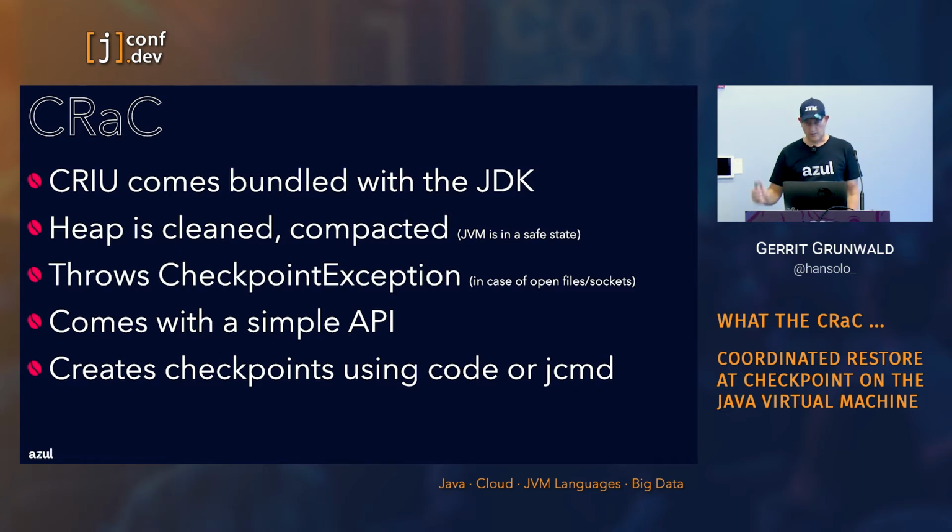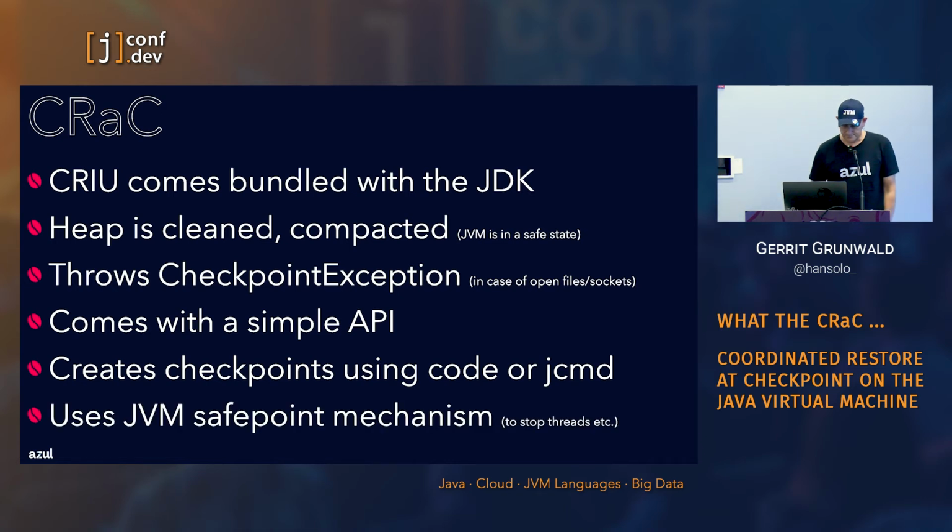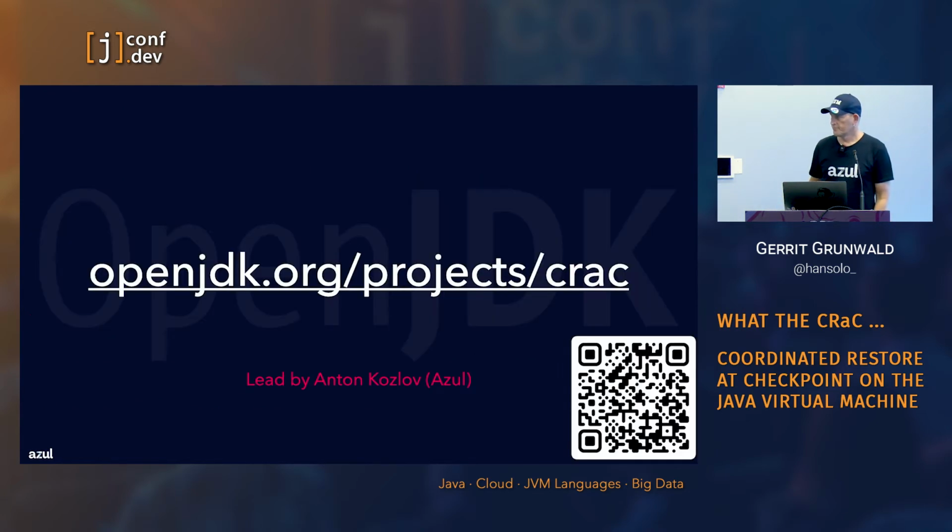Now it's good, so now I can really create the checkpoint. This is stuff that you have to figure out. You can use it also from code, but we come to that in a second. And it uses a JVM safepoint mechanism, which is in principle the same that is used if you do a full stop-the-world garbage collection. Then the JVM will take care of stopping everything, putting it in a safe state, and then we can create the checkpoint here. Okay, so there is a project. It's called CRaC. It's an OpenJDK project.